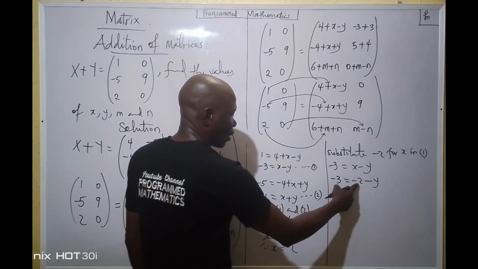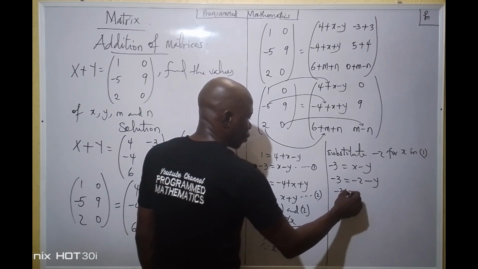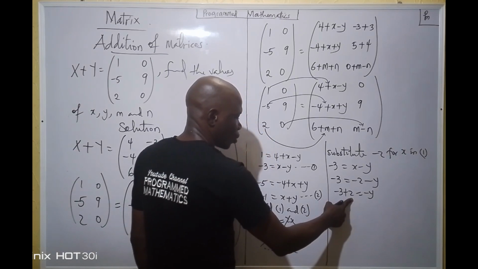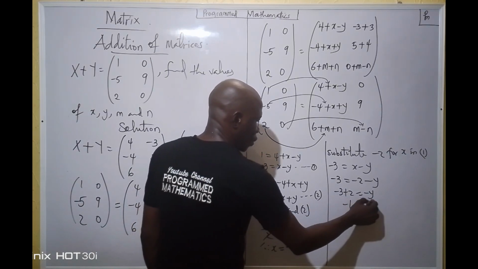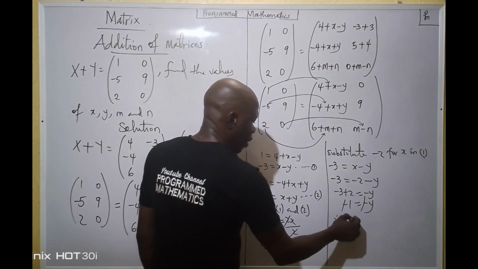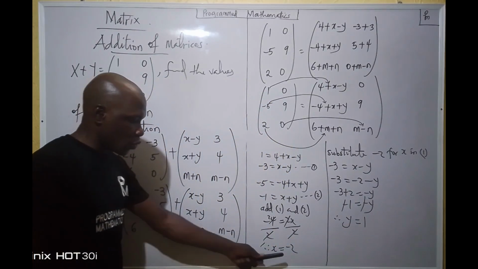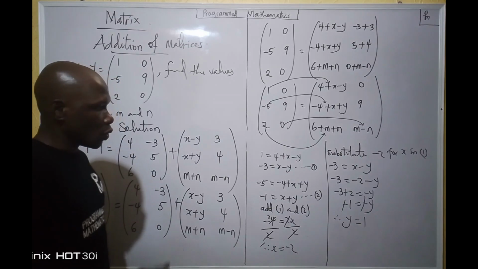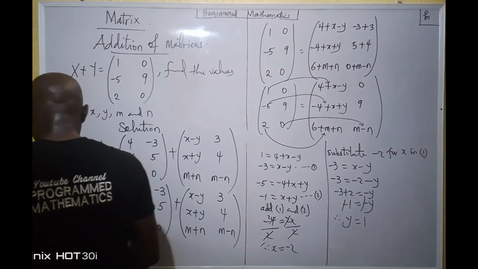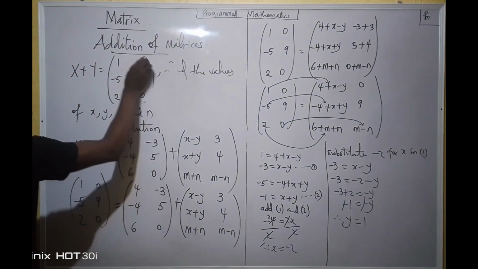To solve this finally, we can bring this minus 2 back here. So we have minus 3 plus 2 equals minus y. Minus 3 plus 2 is minus 1 equals minus y. So if minus cancels from both sides, we have y equals 1. So we have x equals minus 2, y equals 1. But don't forget, we are yet to find the values of m and n. So let's look for the values of m and n.